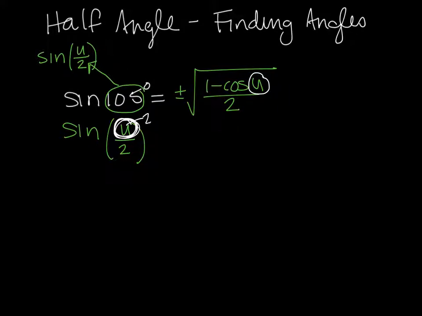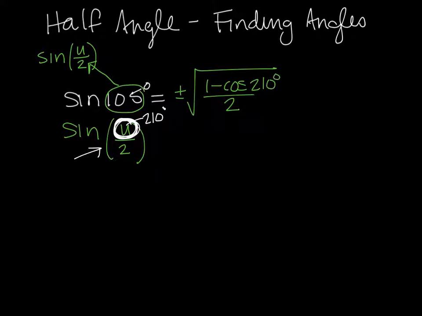That number is 210 degrees. So sine of 105 is the same thing as sine of 210 divided by 2. Since u is 210, in my formula I can get rid of the u and put the number 210.